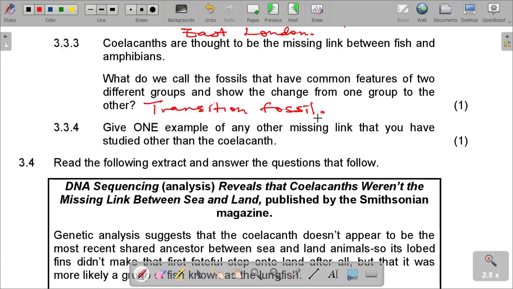Give one example of any other missing link that you have studied other than the coelacanth. One example I have seen is the archaeopteryx.